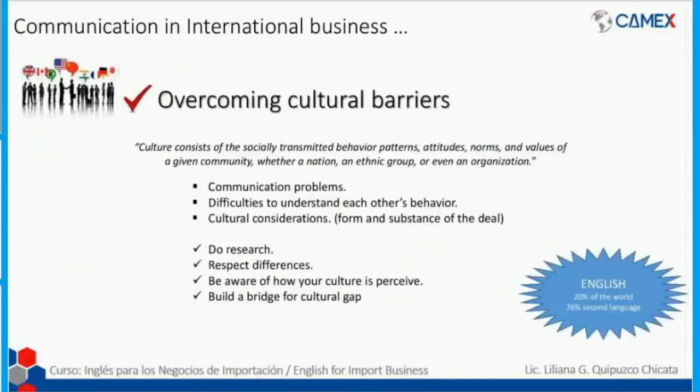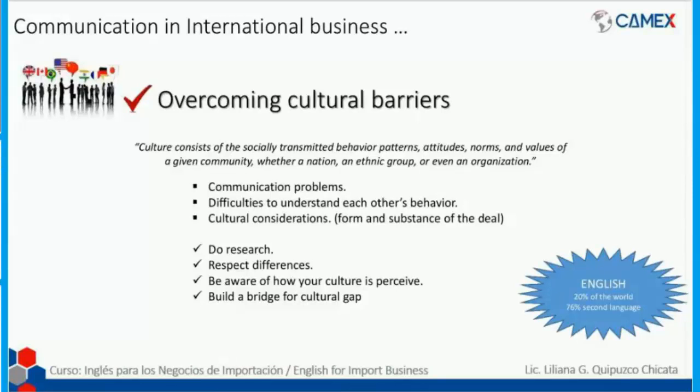Now we're going to see how to overcome cultural barriers. When you have a cultural barrier, it means that you cannot communicate well. You cannot have effective communication because of your culture and the culture of the person you are talking or doing business with.